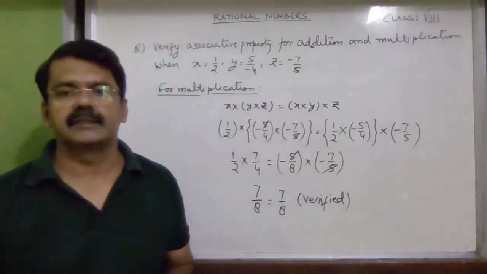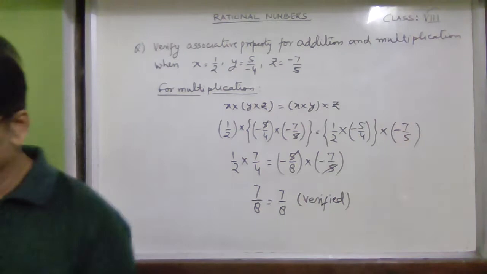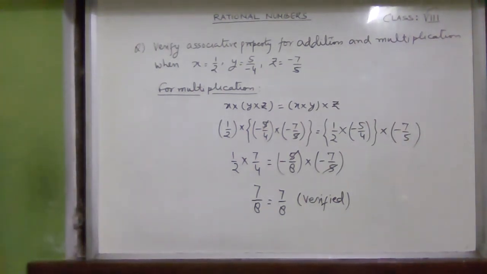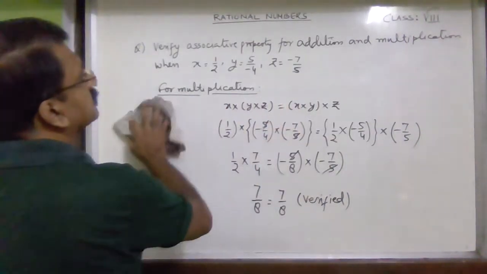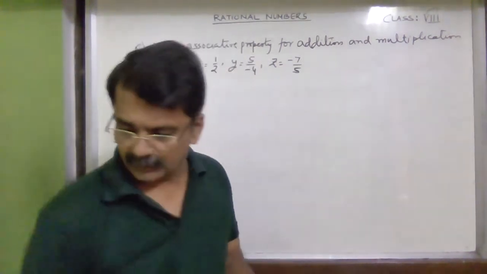So the associative property for multiplication is verified. Clear? Next question.